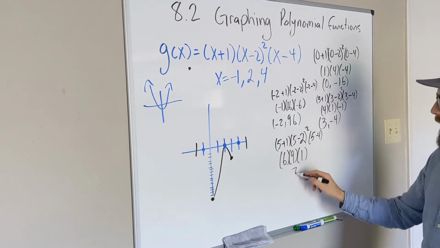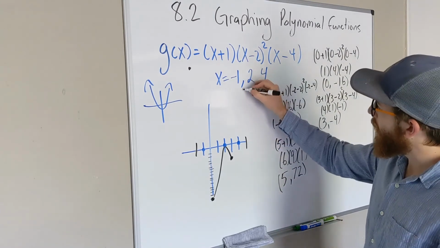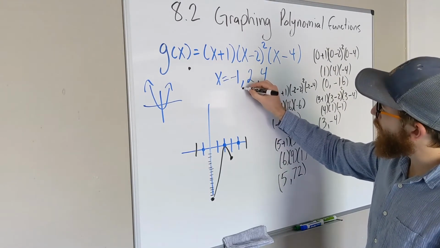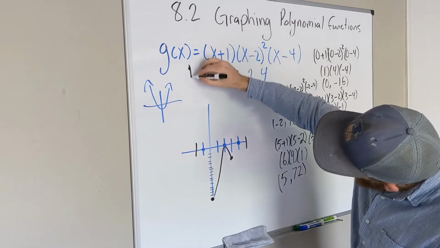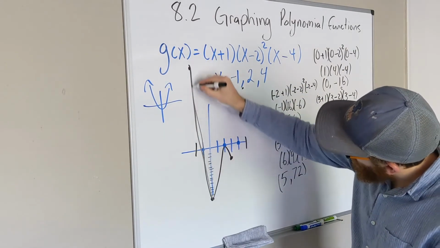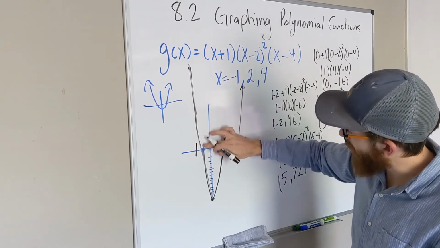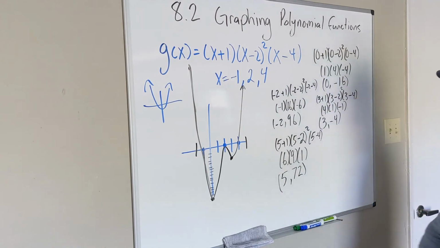And so we have 54. So 5 comma 54. And so our function should look something along those lines, like that.